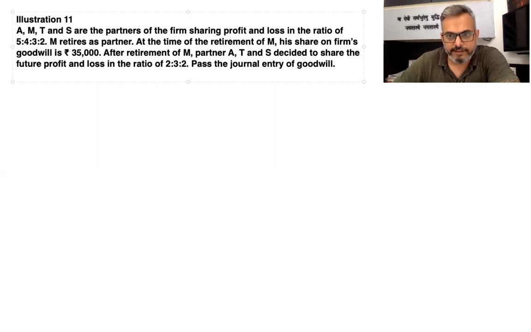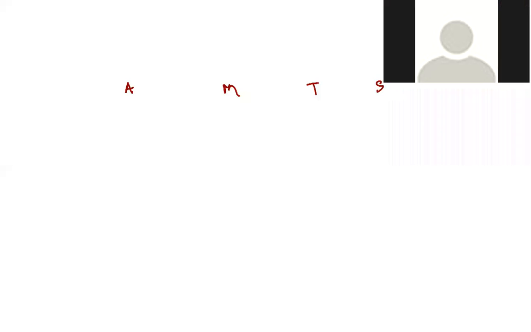Let's first find the gain ratio. We have A, M, T, and S, these are the four partners.